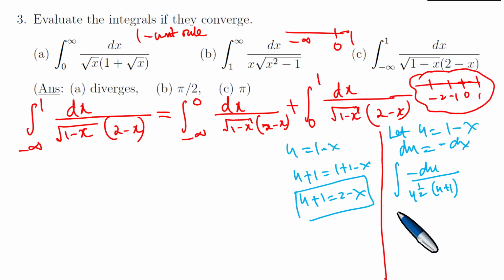So it is 1 over the square root of 1 minus x, and then you have 2 minus x.